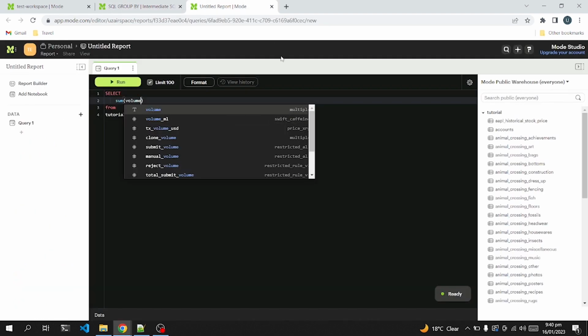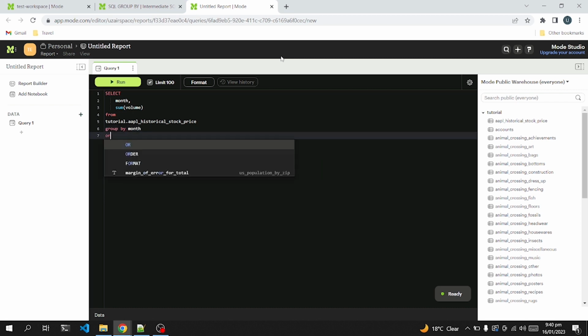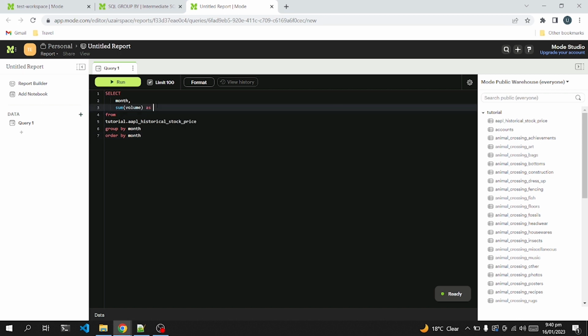And then we have to print month, then group by, and then order by, because it says that we have to order by as well.